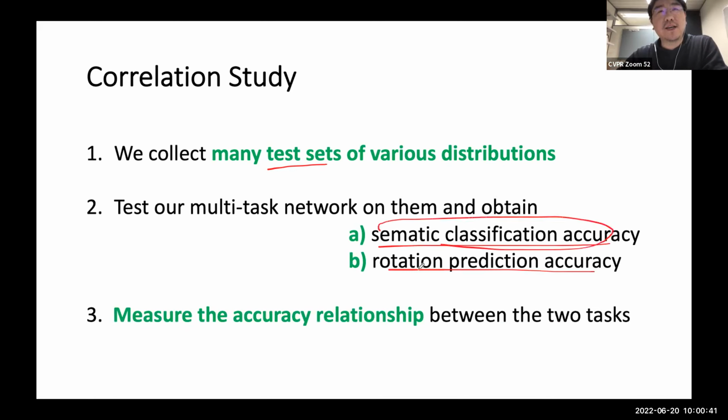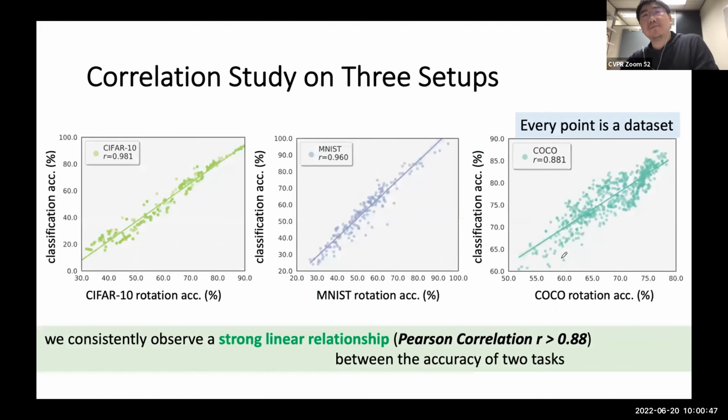Now let us show the result of this correlation study. We show 3 setups. On the left is the CIFAR-10 setup, where the x-axis is the rotation prediction accuracy and the y-axis is the classification accuracy. Again, you see a very nice positive linear relationship between the 2 accuracy numbers.